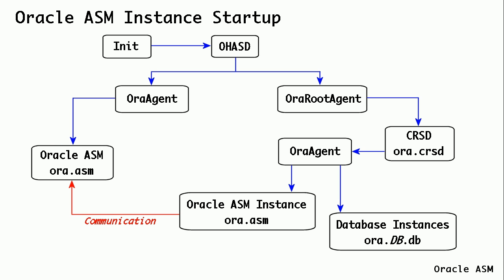Now, let us understand how Oracle ASM instance is started by Oracle Clusterware. Note that this is only a partial diagram to show Oracle ASM related startup steps. Several other required components are not displayed here and not discussed here.